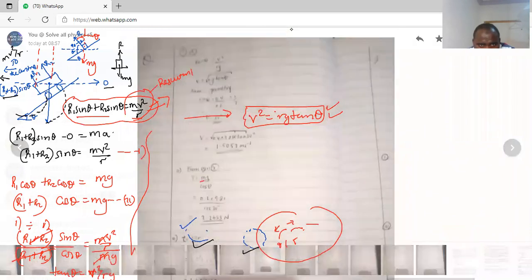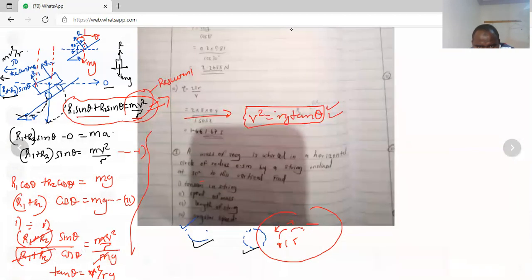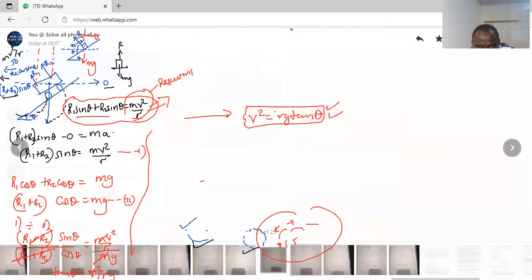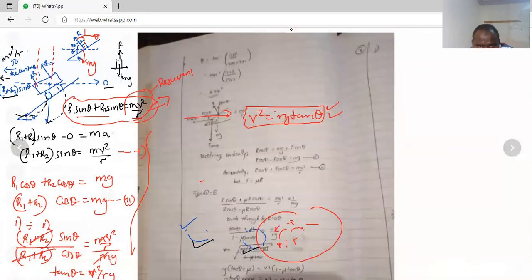See, the derivation is there. Then there is going to come another case when there is frictional force.